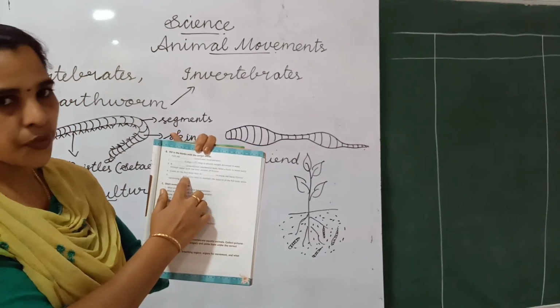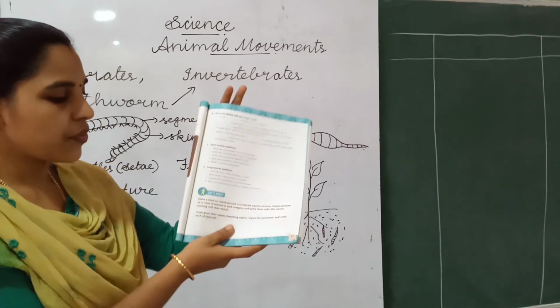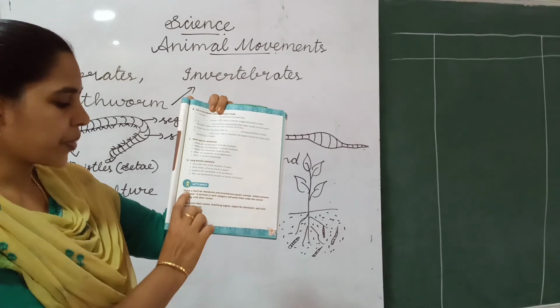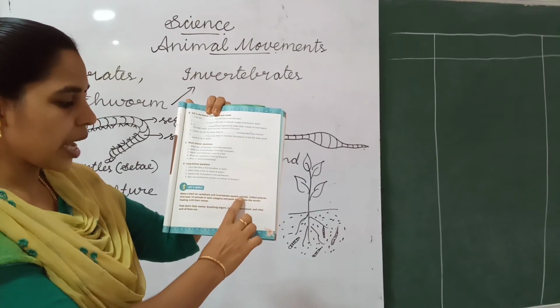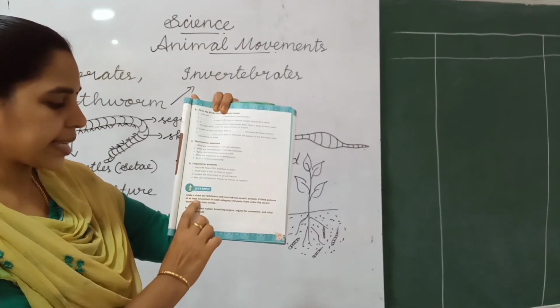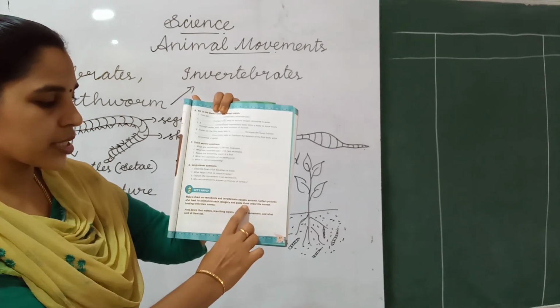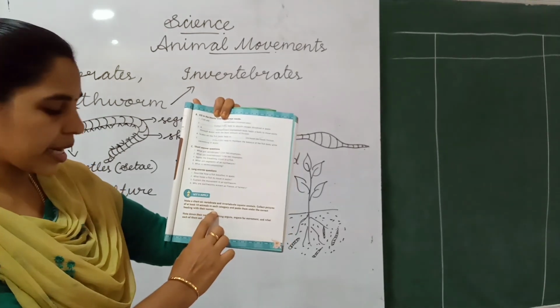Answer is fins. And also you have one activity. Listen, children, from the book. We have Let's Apply. Make a chart on vertebrate and invertebrate aquatic animals. Collect pictures of at least 10 animals in each category and paste them under the correct heading with their names.